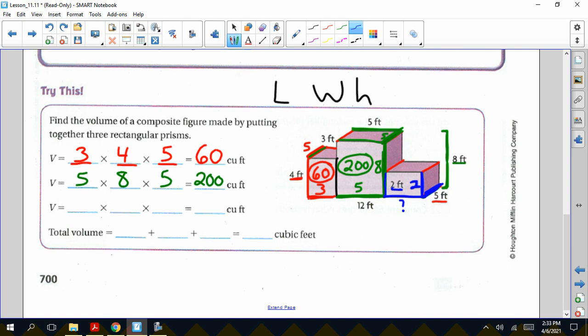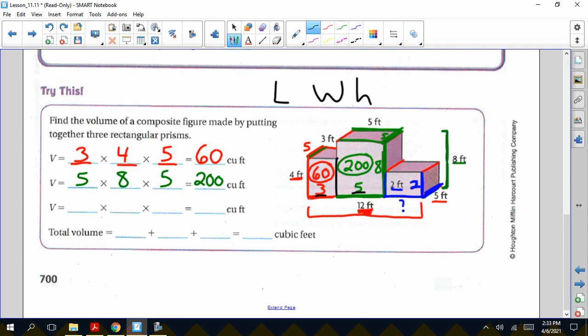And what we know is that from this side all the way across is 12 feet. And we have 3 feet. And then the middle section is 5 feet. So 3 plus 5 gives us 8.